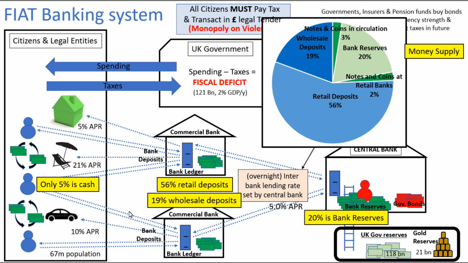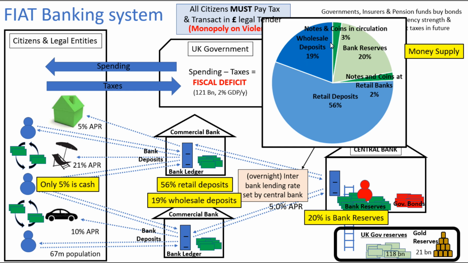56% of it is retail deposits. So this is things like the money that people owe because they've got a mortgage or on their credit card, but it's also people's savings which are stored at the bank, in which case the bank actually owes you the money, but it's still a debt. And it's actually now mostly all digital.